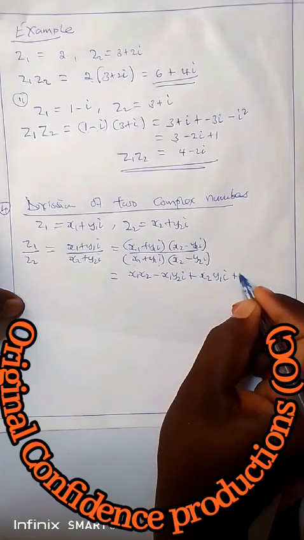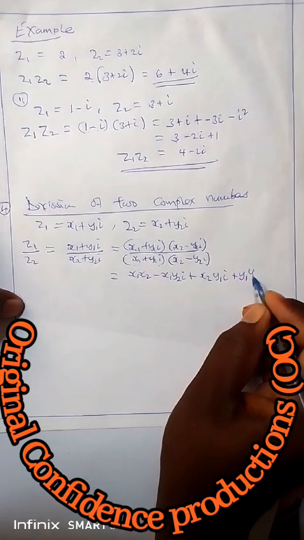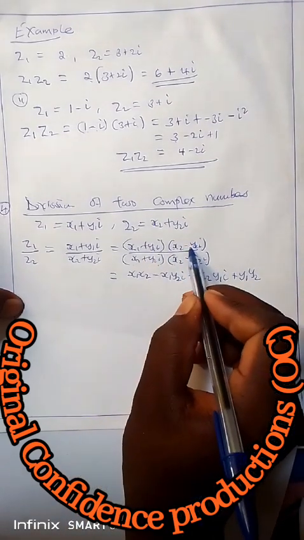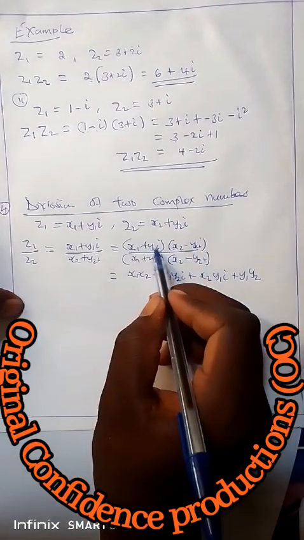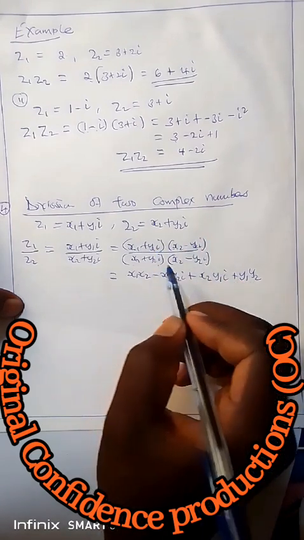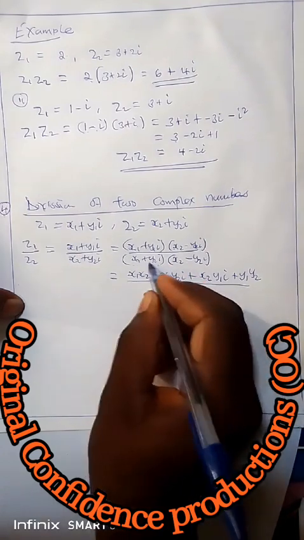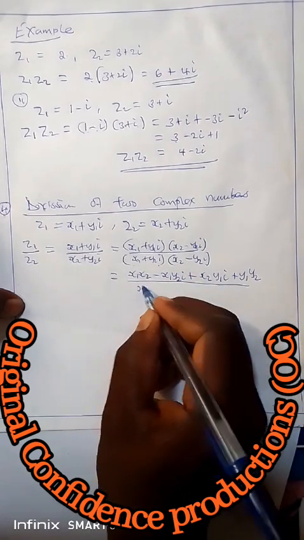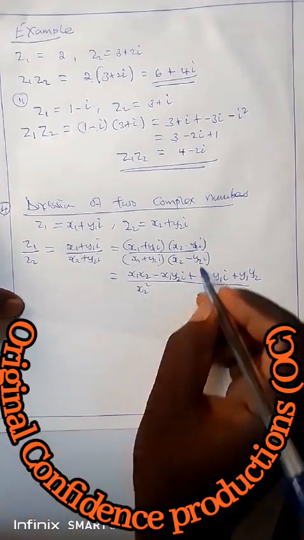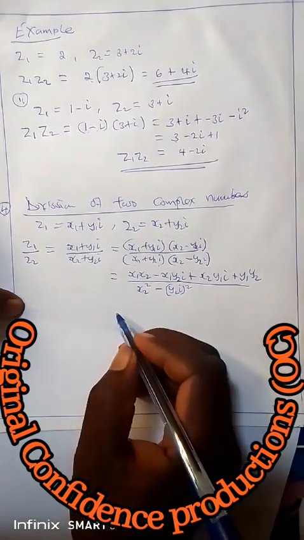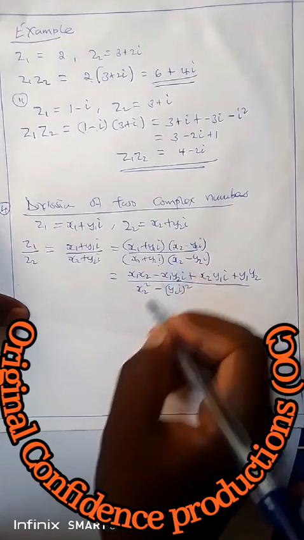So plus y1 y2. We have i squared, which makes it a plus, because i squared is minus 1. The denominator is the difference of two squares, so x2 squared and also y2 i squared. That's it.